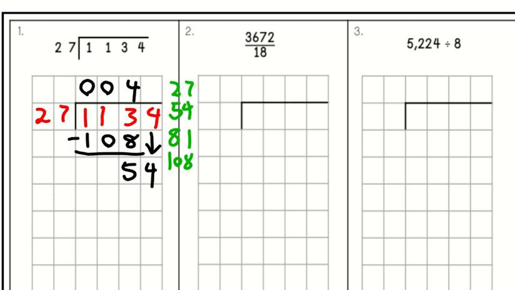We bring down the 4. Well, that's the second one. 27 times 2 is 54. We subtract, no remainder. Any questions on that? All right, y'all try the other two.